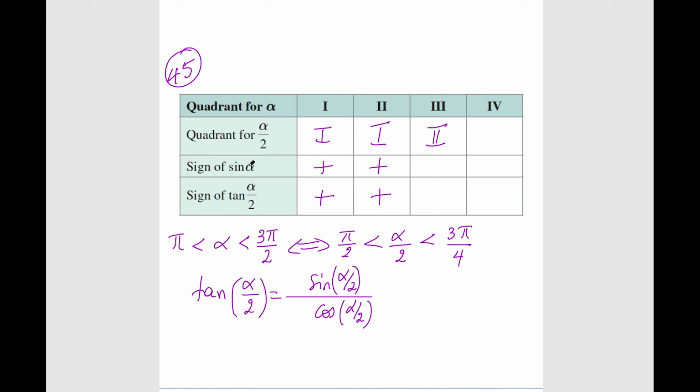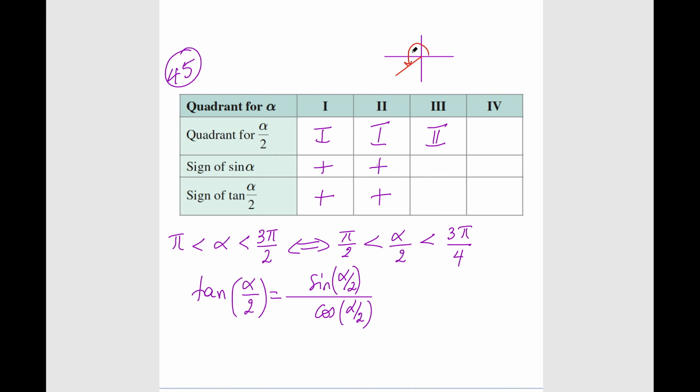Okay, so how about sine? Sine of alpha. Well, alpha is in quadrant 3. What's the sine of the angle in quadrant 3? Okay, let me give you a small picture. So if this is an angle here in quadrant 3, so that's the angle.